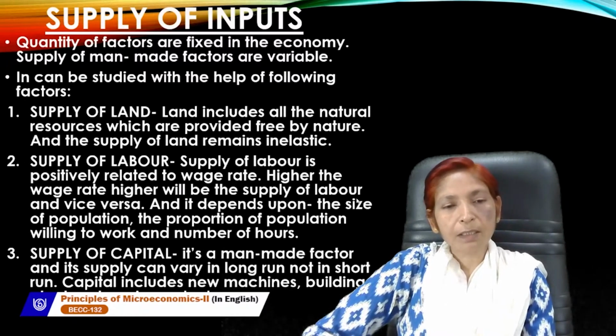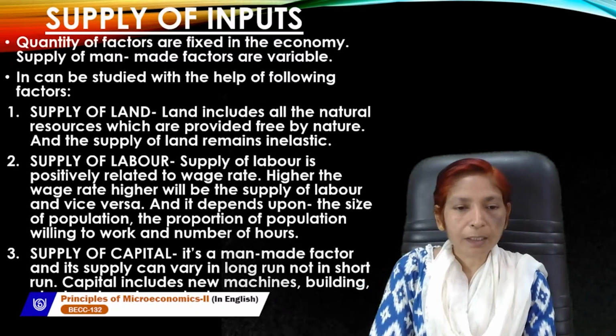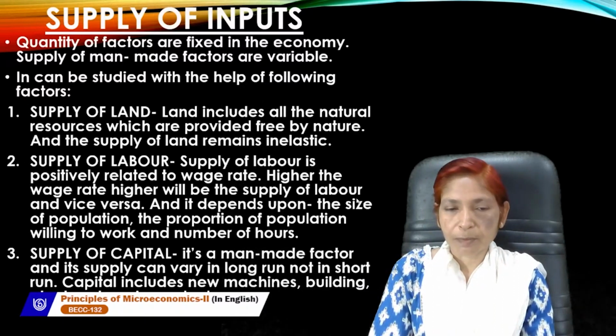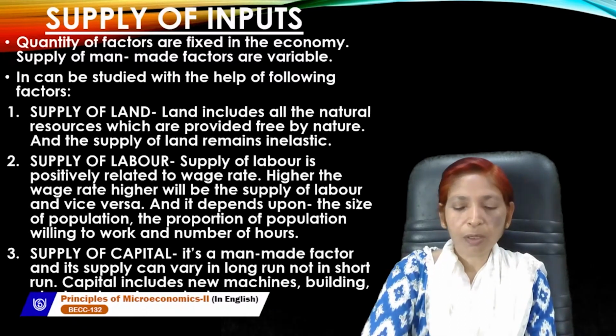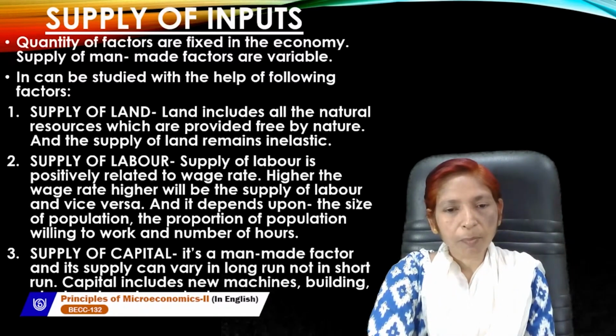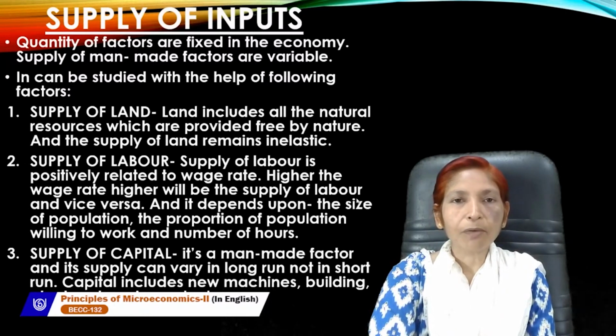And if you get a lower wage rate, you will not be interested in working and your supply will fall. So supply of labor is always directly or positively related with wage rate. The higher the wage rate, the higher the supply of labor. The lower the wage rate, the lower the supply of labor. So supply of labor depends upon wage rate and the size of population.